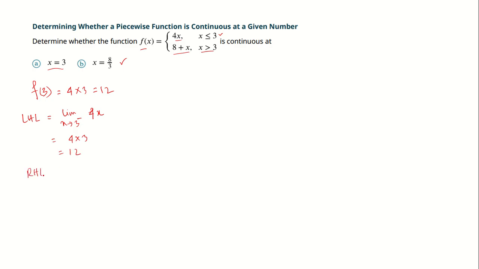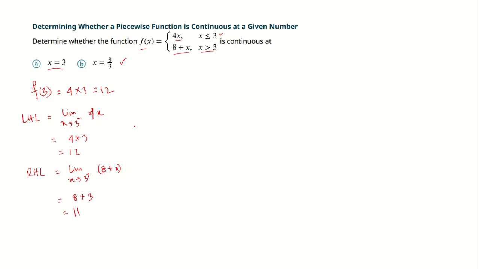And then the right hand limit, that is the limit as x tends to 3 plus, which one? It will be 8 plus x, right? Second one. So we have here 8 plus 3, that is 11.